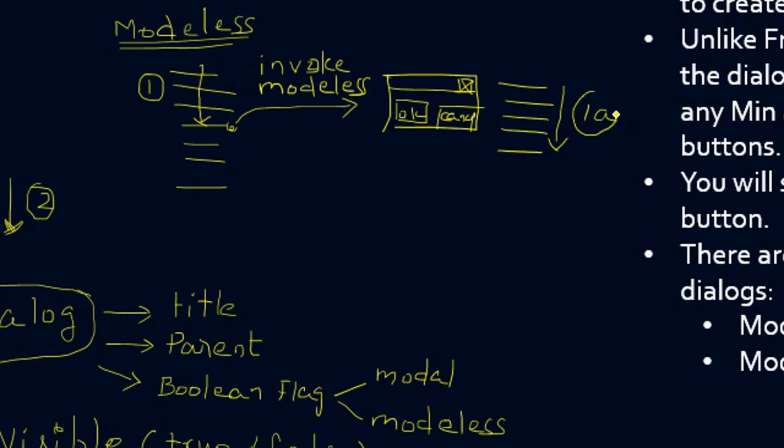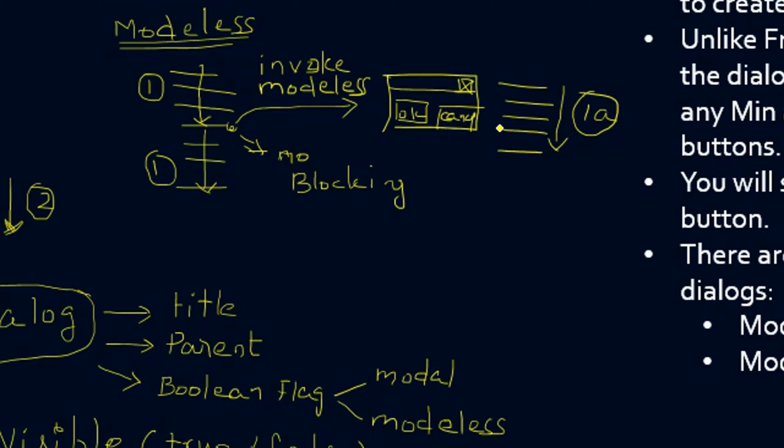Then flow still continues here. So here if you see, there is no blocking. Once the dialog is invoked, the execution resumes and continues here. So it won't wait for the dialog to get closed or cancelled.